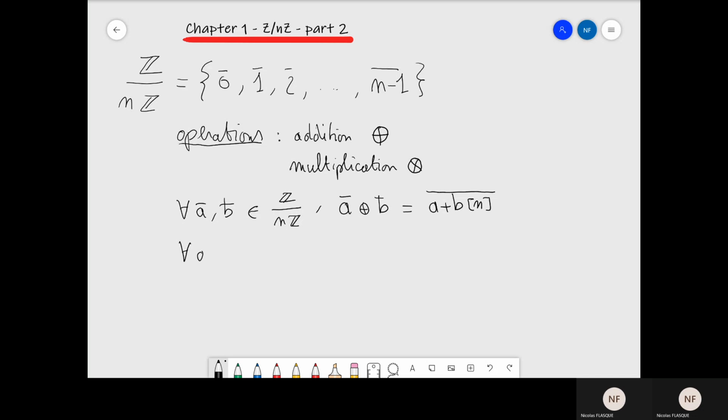Again, for multiplication, for two elements a bar and b bar in the Z over nZ set, we will have quite the same thing: a bar times b bar is equal to a times b, where a and b are numbers, standard multiplication, modulo n.